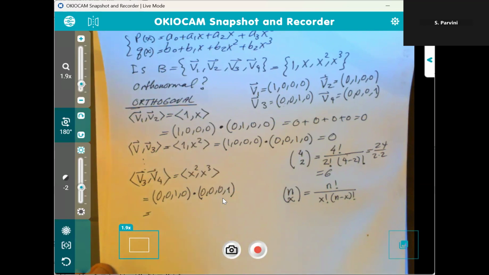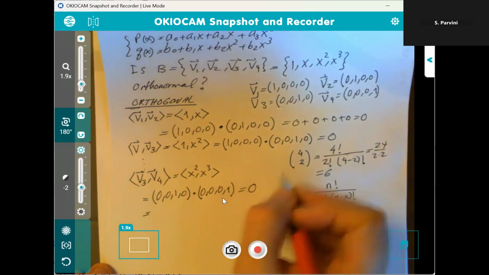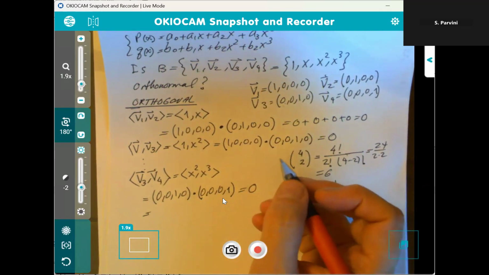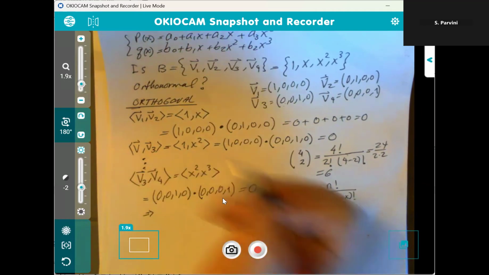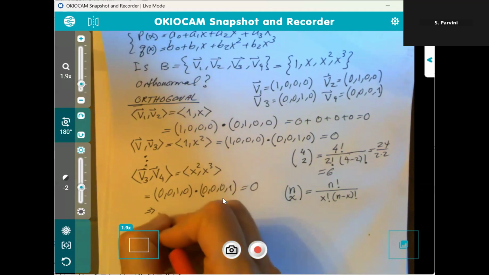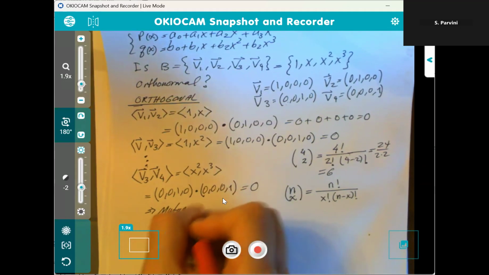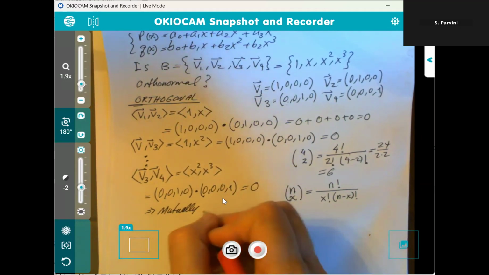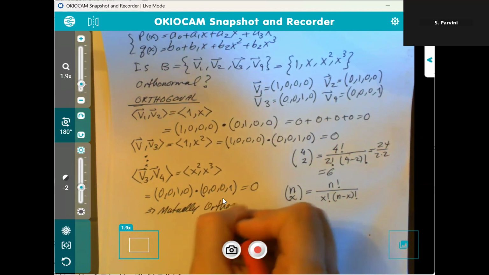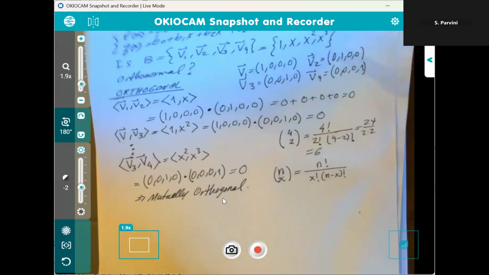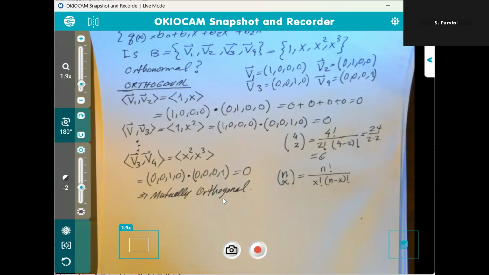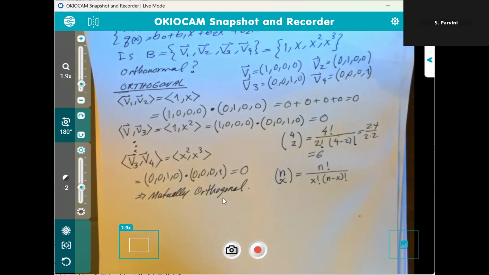All of those products would be 0. We just put 0 there. Therefore, I skipped 3 of those. You can try them. Therefore, these are mutually orthogonal. Okay, so that's what those are. Everyone okay on this work? No questions?